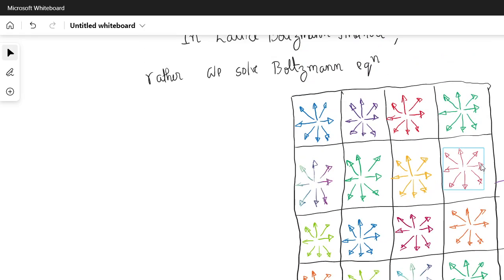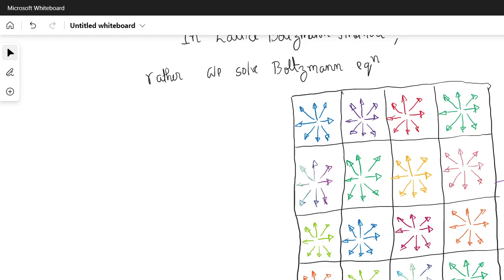In LBM, you get a physical property or the macroscopic property from the collection of particles. So from 9 particles, if you sum them, you get, for example, density, you can get the velocity at that point, you can know the pressure, you can know the temperature. That's why it's called mesoscale. You deal with this collection of particles, and they give you one property. Actually, it's the moment of the distribution.